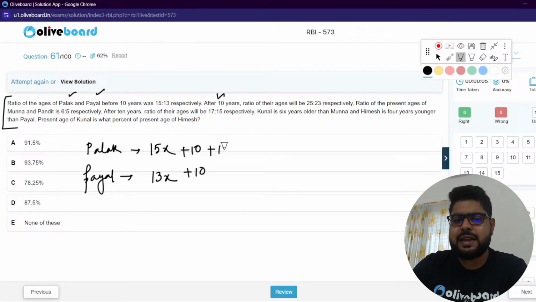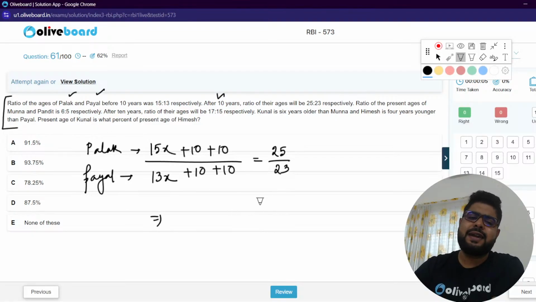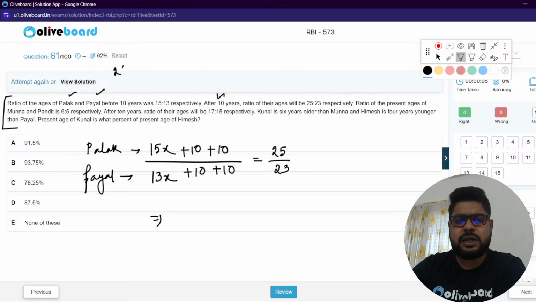After 10 years, again plus 10, again plus 10. The ratio will be 25 to 23. Calculate. So 23 into 15, 23 into 10 is 230, 115, 230 and 115. So 345.